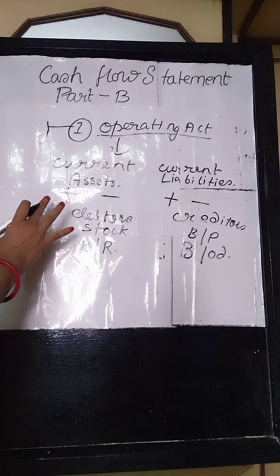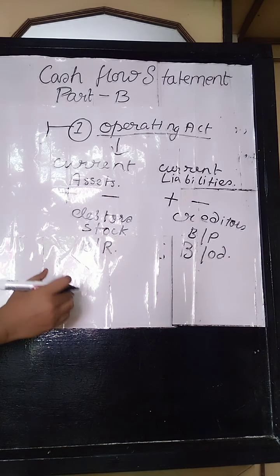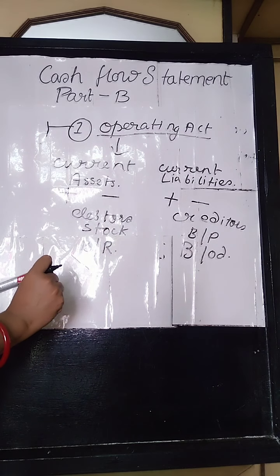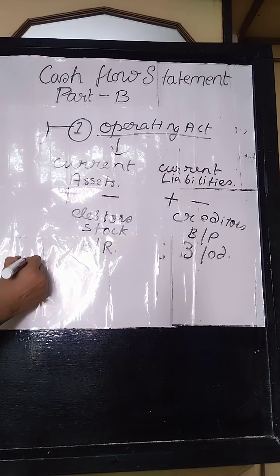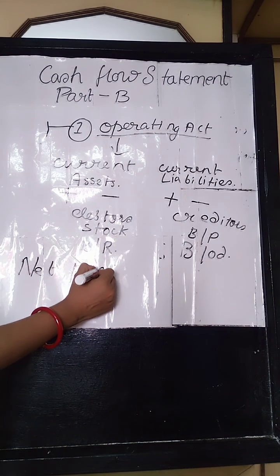Now, following these things, you have to maintain one principle. First, in the cash flow statement, we have to pick up the net profit. We will find out the net profit during the year.